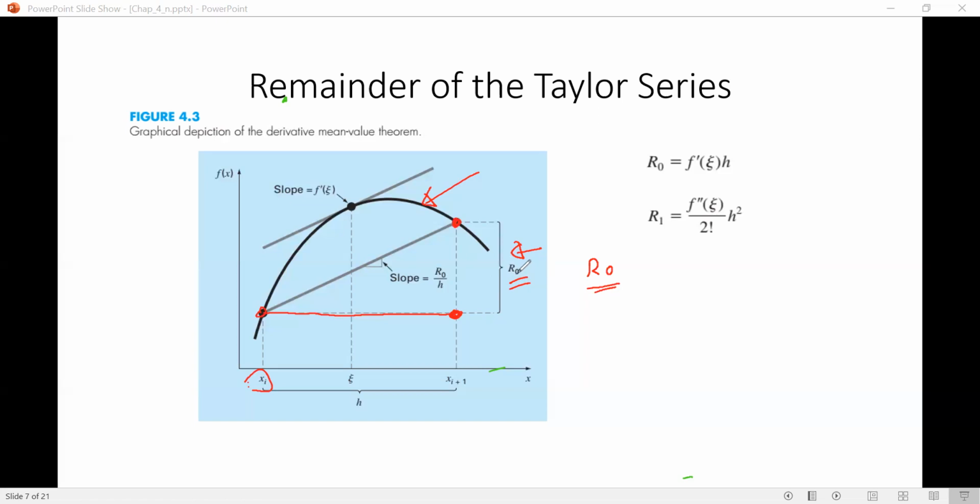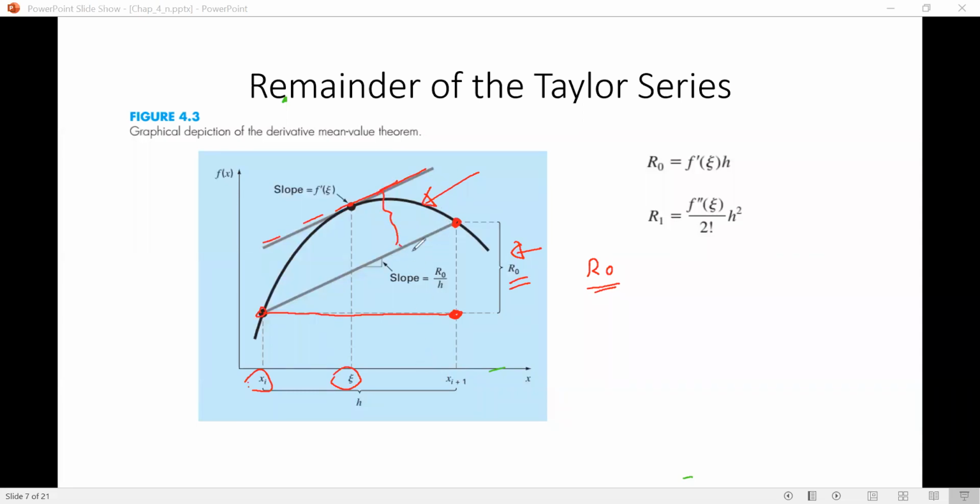Now, by using the mean value theorem, if we have a point xi between xi and xi plus 1 on the curve, and if we calculate the slope at this point and this point are the same, then these two straight lines are parallel.